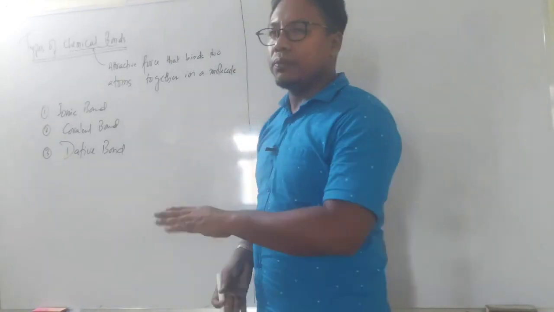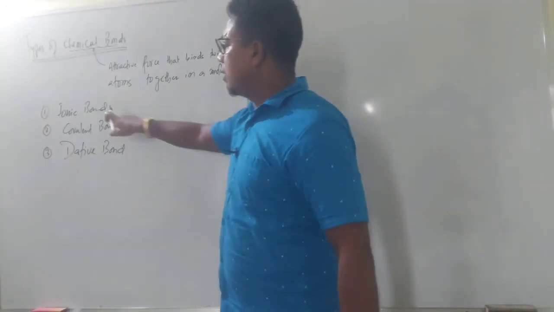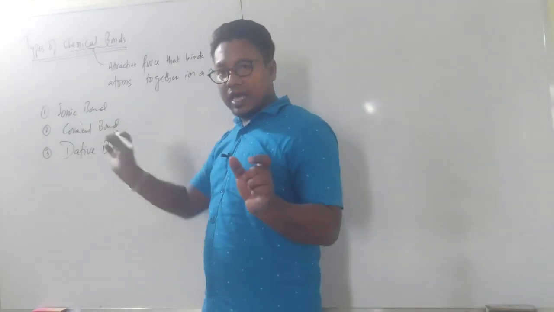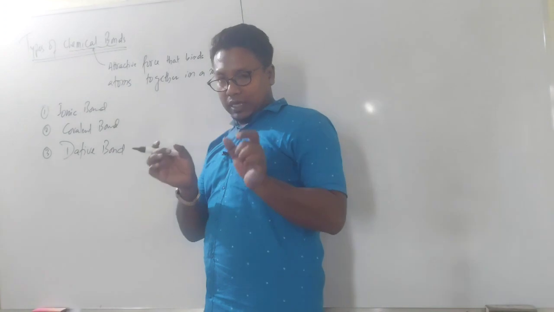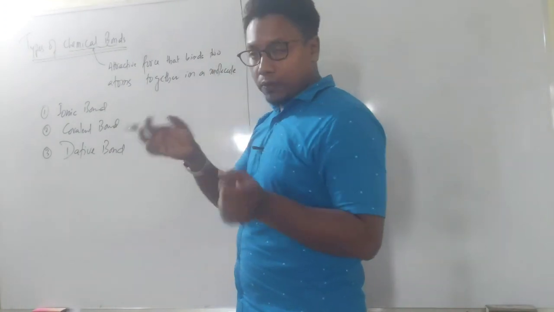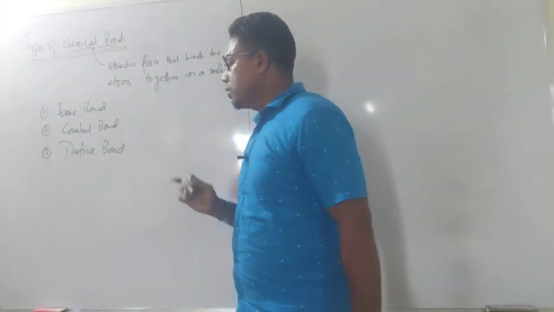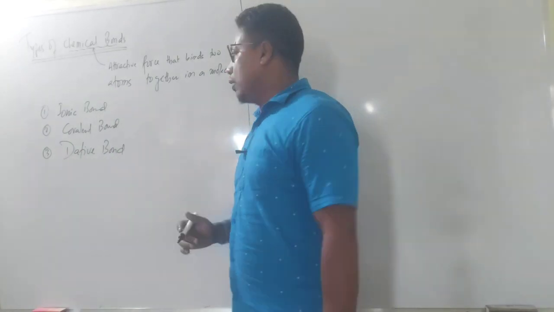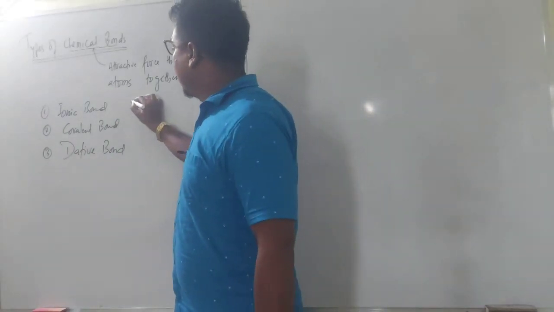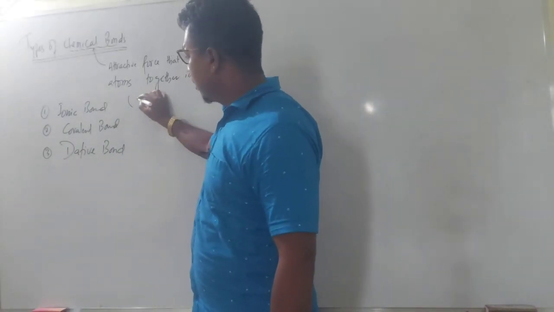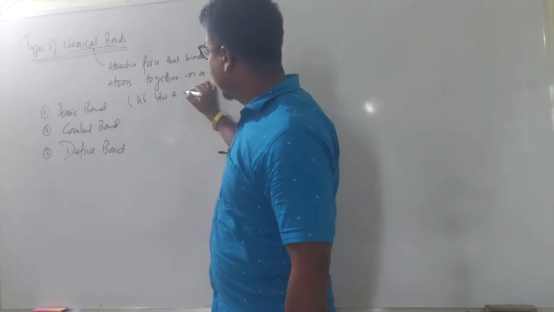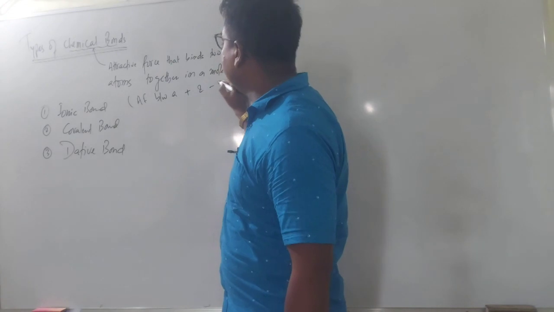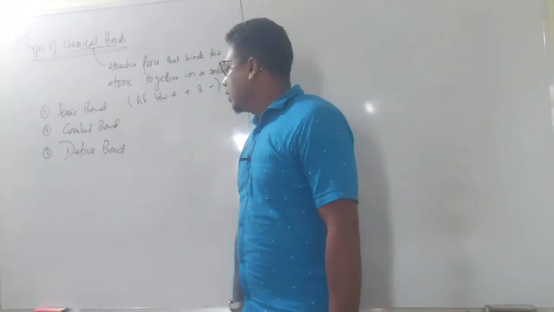Actually, transfer of electrons results in the formation of a cation and anion, and that attractive force between the cation and anion, which are formed after the transfer of electrons, is called an ionic bond. So this is the attractive force between a cation and anion, in short.